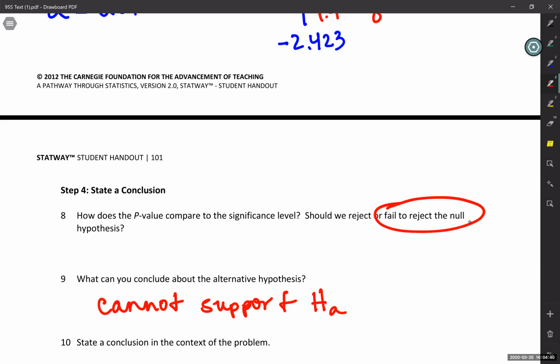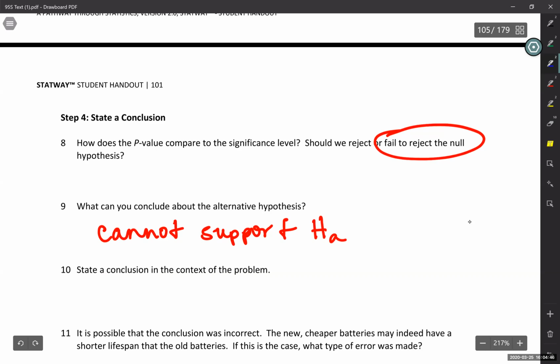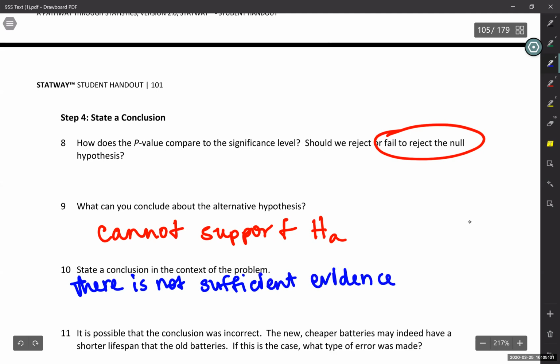If we fail to reject the null, then we cannot support the alternative. So instead of saying there is sufficient evidence, we're going to say there is not sufficient evidence to support the claim.